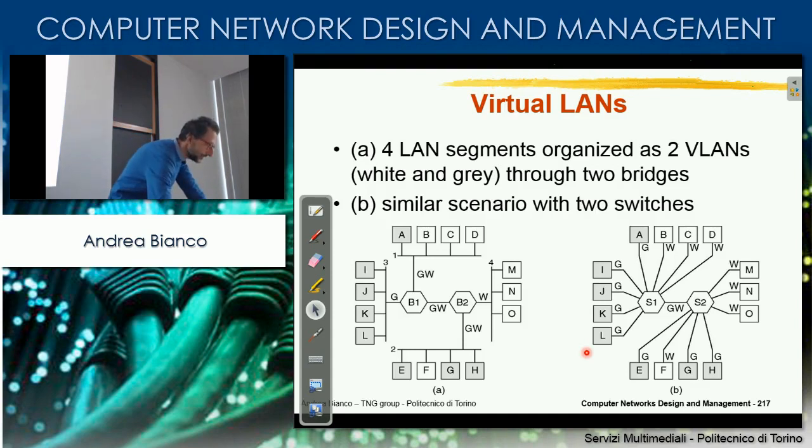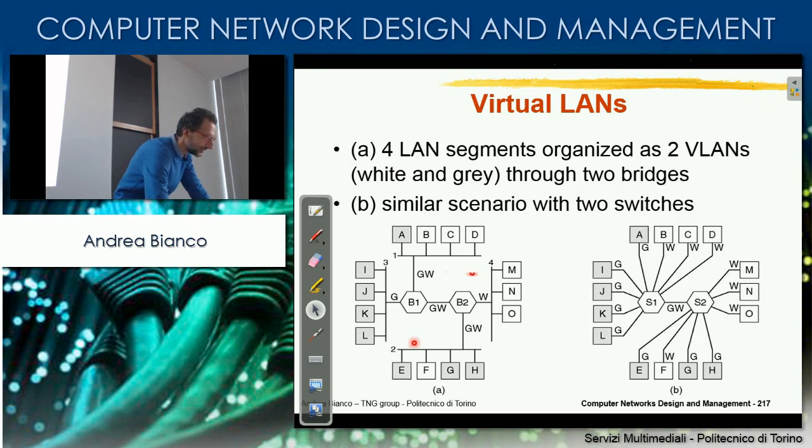It depends. If you look at this case here, you see that we have gray nodes here, here, and here, only on 3 over 4 segments. So when generating a broadcast packet on the gray network, we save one transmission, because on this LAN there is no need to send it. Is it clear? And the same holds for the white LAN.